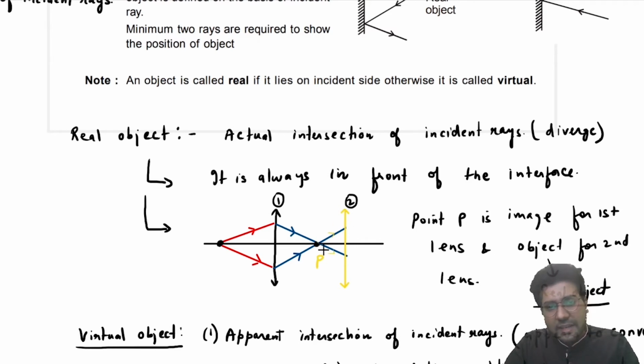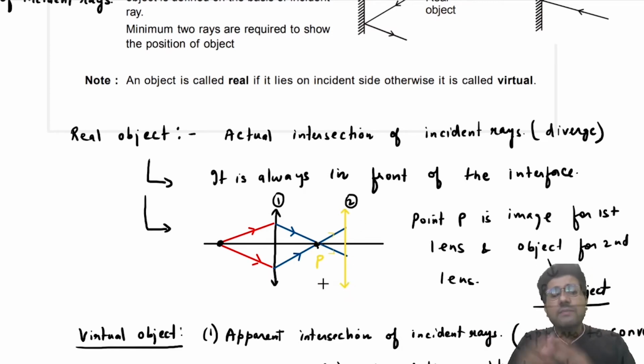Now what I have done is I have introduced one more optical instrument here. In that case, this image from the first optical instrument is acting as the object for the second optical instrument. So point P is the image for the first lens, but it is the object for the second lens.